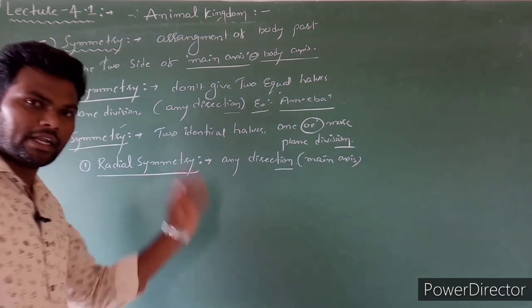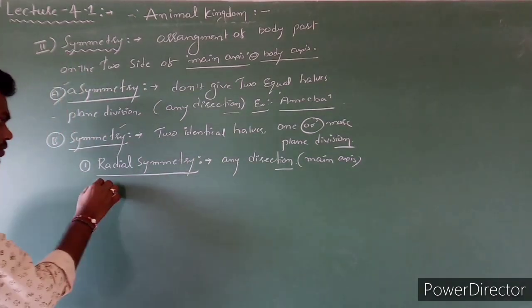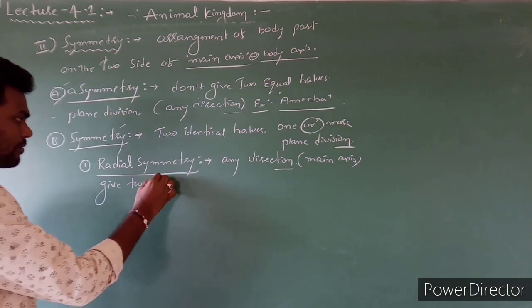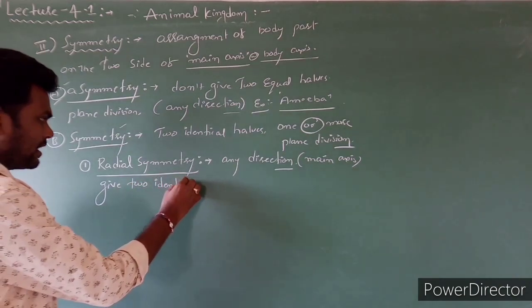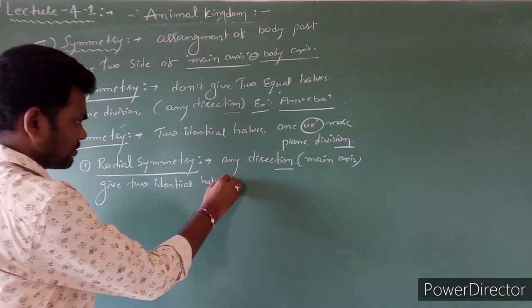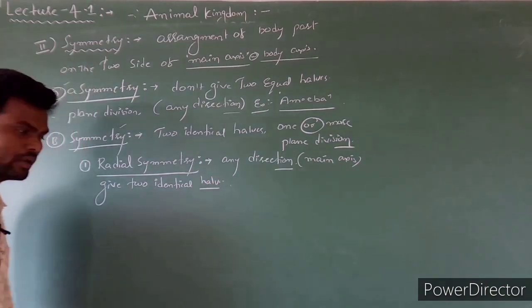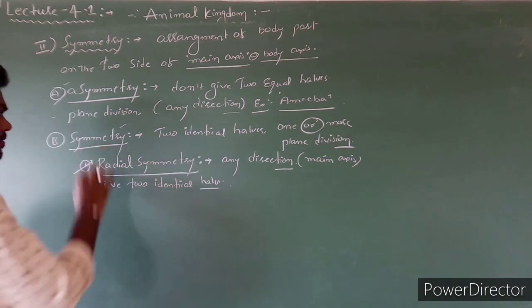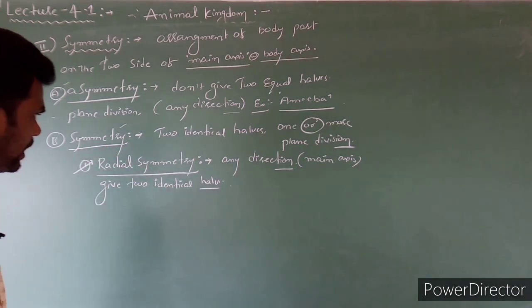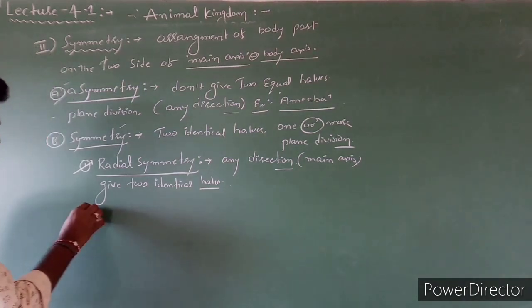It should give two identical halves. Clear? Such is called what? Radial symmetry.